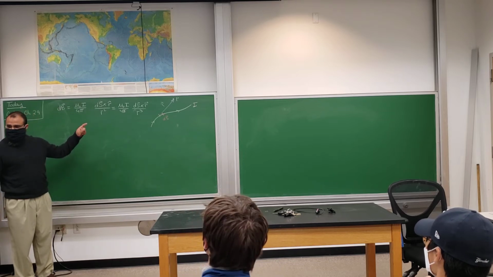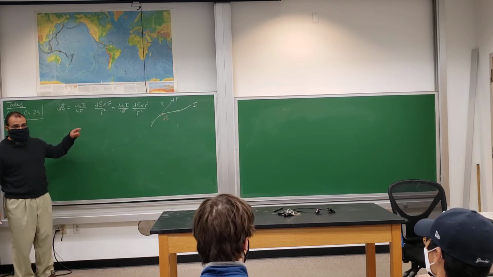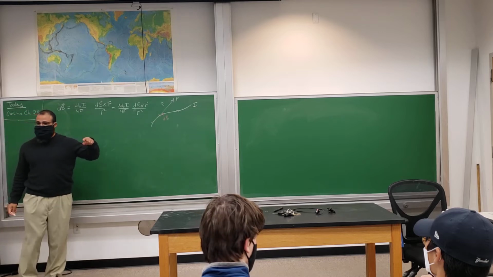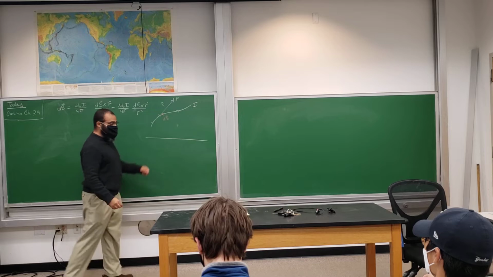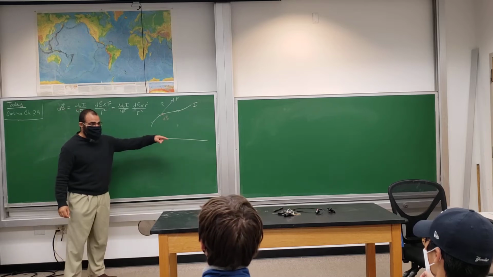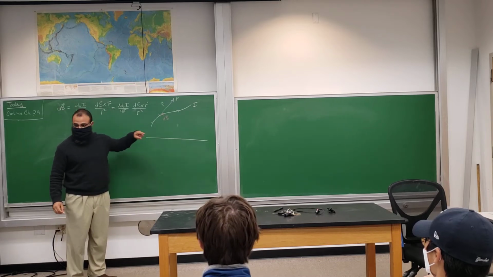We use this to calculate the magnetic field due to an infinite straight wire, a long wire that starts at minus infinity and goes to positive infinity. It doesn't curve, it just goes straight.